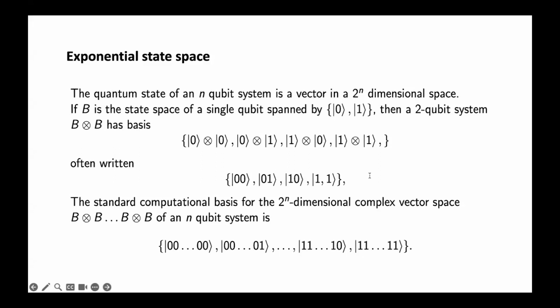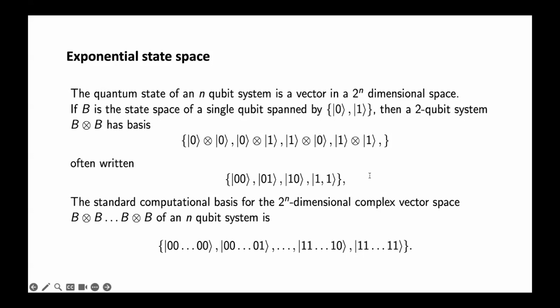In the quantum states, each particle can have 2 choices because they are written with respect to a 2-dimensional space. If you consider a spin, it will be up and down. If you consider polarization, you can consider different directions of a Polaroid. So the quantum state of an n-qubit system is a vector in this 2 to the power n dimensional space.